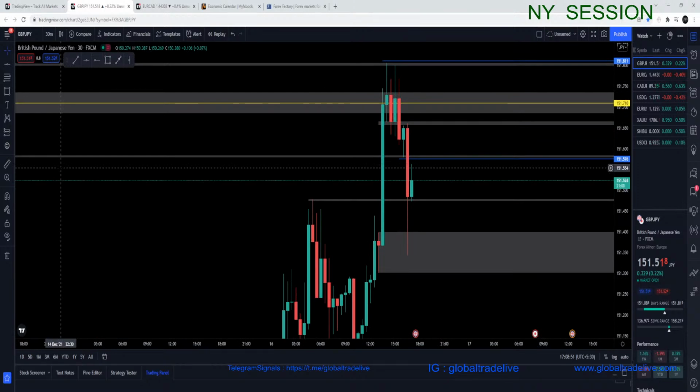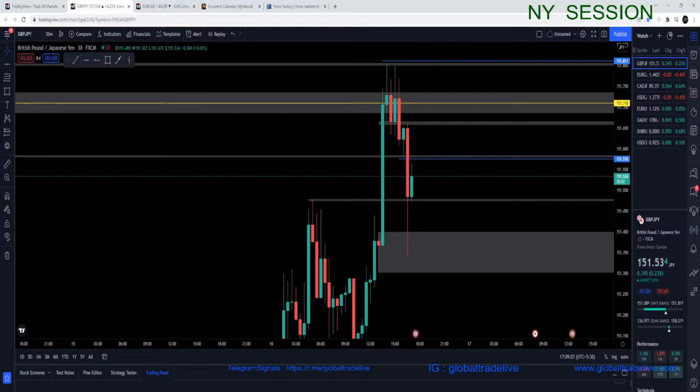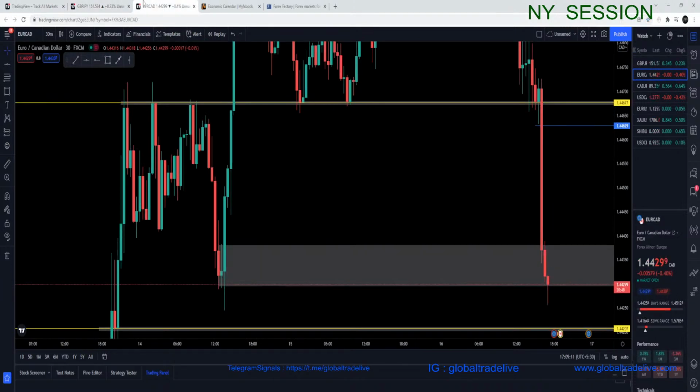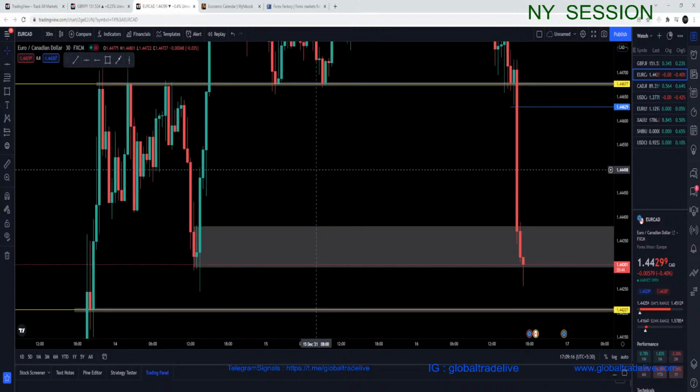Yeah, I think it should be coming down again. So this 30-minute candle is just having 20 minutes left to close. Let's see how this candle will be closing.